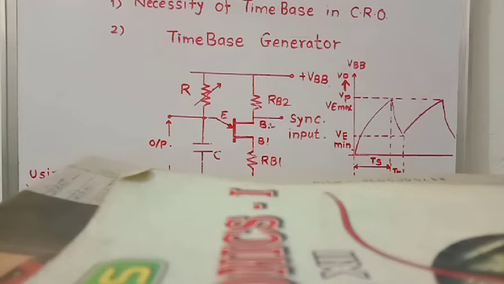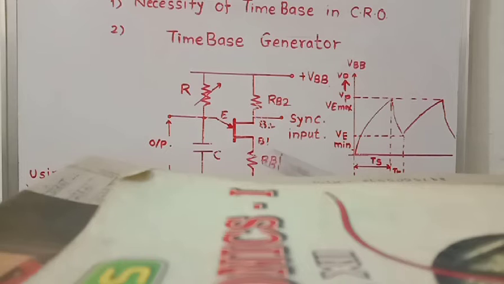Okay, so if the emitter voltage is not applied, or if the emitter voltage is 0, then this unijunction transistor is in the cutoff state. It remains off, and since it remains off, the applied voltage divides across RB1 and RB2.